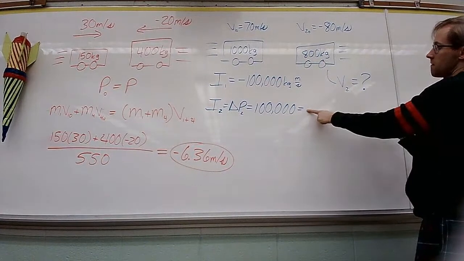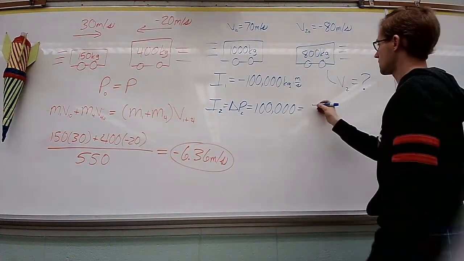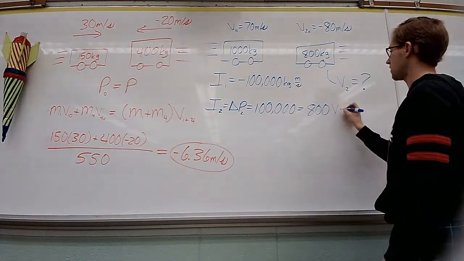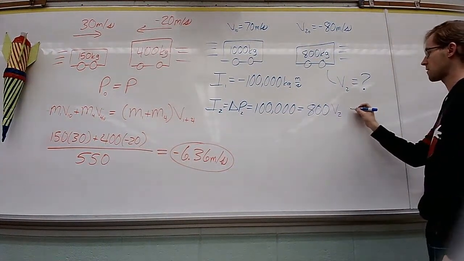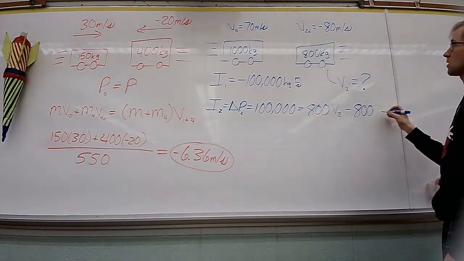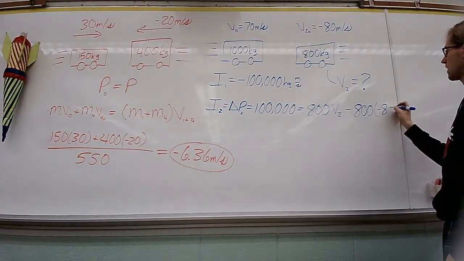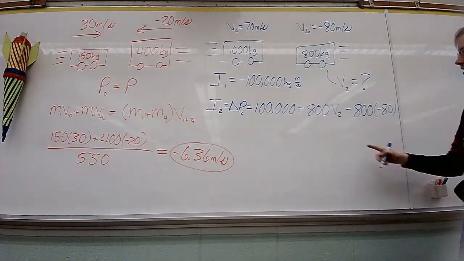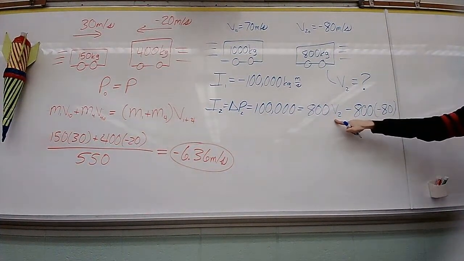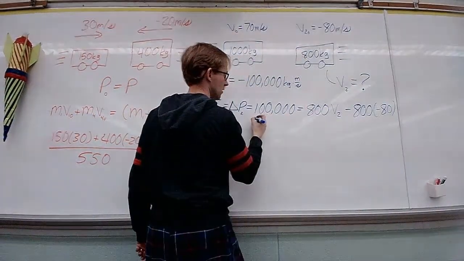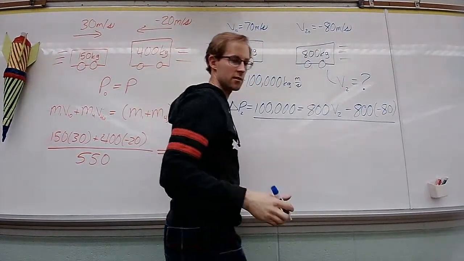So final momentum is going to be the mass times the final velocity, which we're looking for, minus the mass times the original velocity, which was negative 80. So now it's just a matter of calculating the velocity from this equation here. So let's do this.